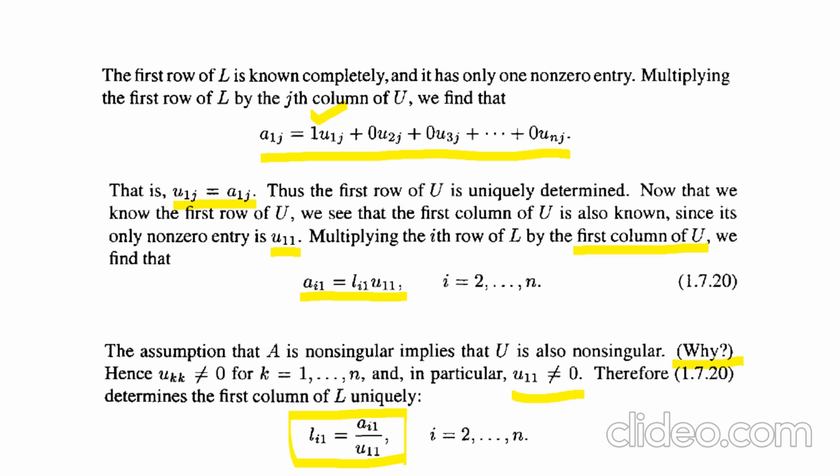And similarly, U11 is already determined, which is A11. Therefore, you will find Li1, where i varies from 2 to n. So you have found all the entries of the first column of the matrix L from this result.